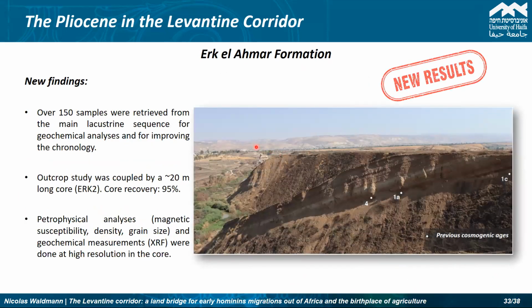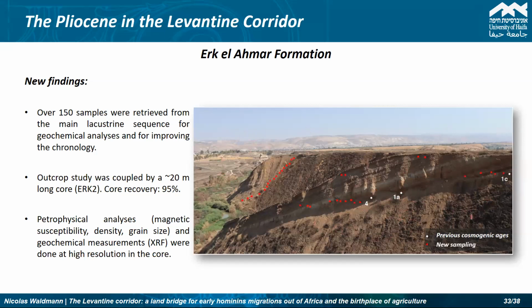But if we come to the main outcrop, you can see here the locations of the cosmogenic isotope samples. Some of them, there are more locations, but I point to those relevant to this talk, the previous cosmogenic ages. We have taken more than 150 samples all along the area for understanding the paleoenvironmental conditions and the chronology as well.